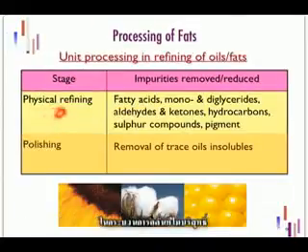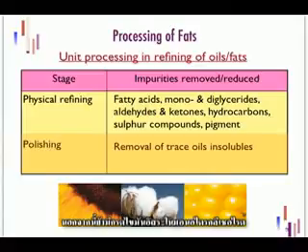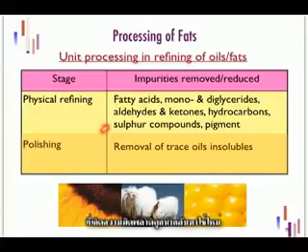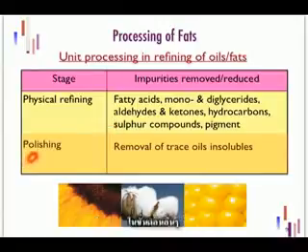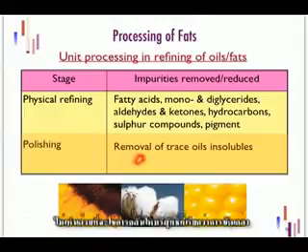In physical refining, the impurities removed during the refining process are also fatty acids, mono and diglycerides, aldehydes and ketones, hydrocarbons, and so on. These are basically the same components that will be removed if we use a chemical refining process. And another step typically used in the refining is called polishing. Basically, the objective is to remove as much as possible the insolubles, the trace oil insolubles from the oil.